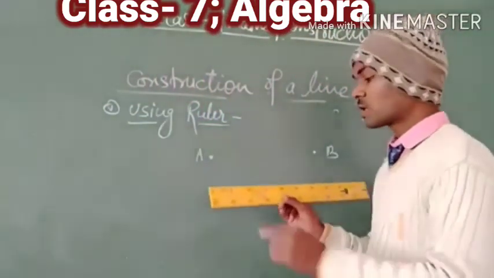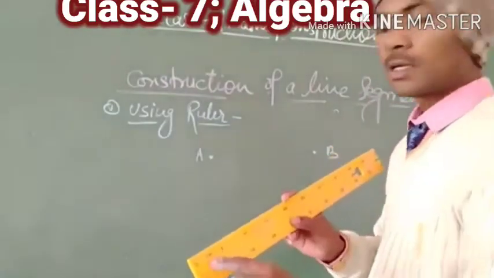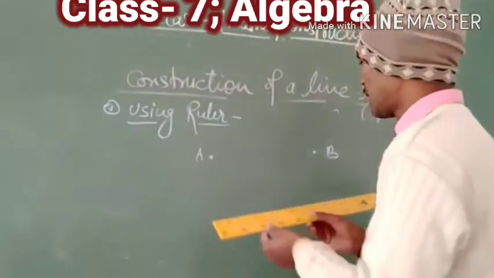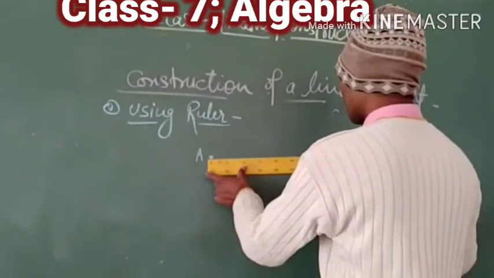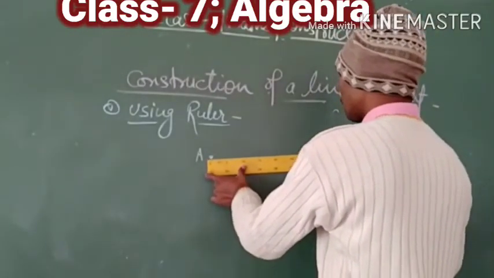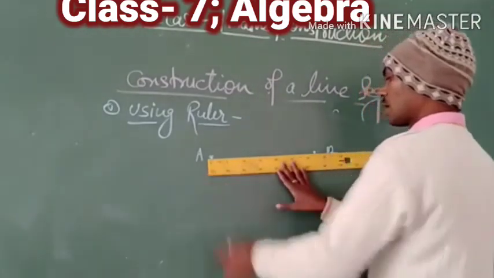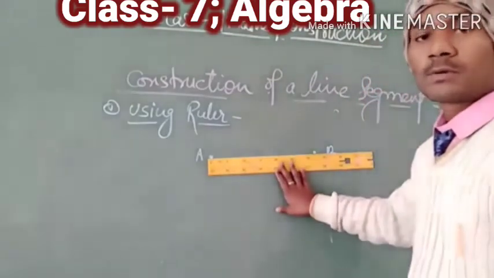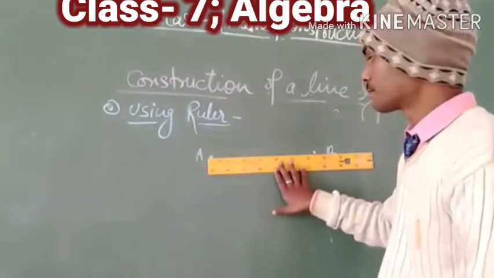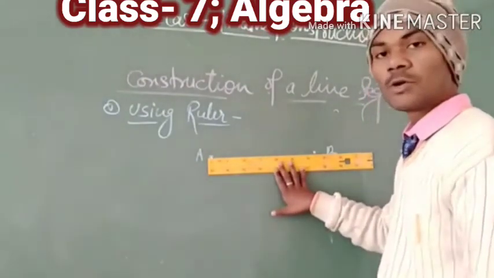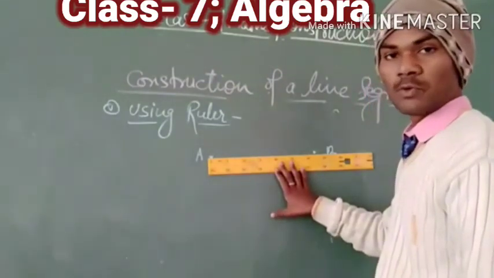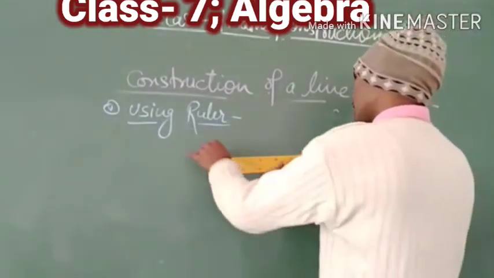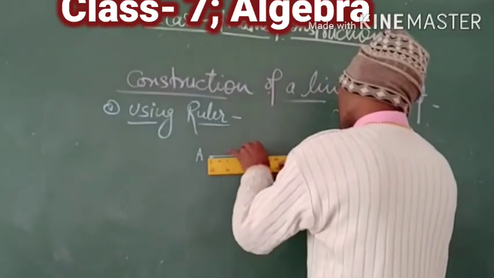We have to place the 0 point at the point A, and we have to set it along these points like this. Okay. Here you can see that I put the ruler, the point 0 at the point A, and set it along these points. And now just draw the line.